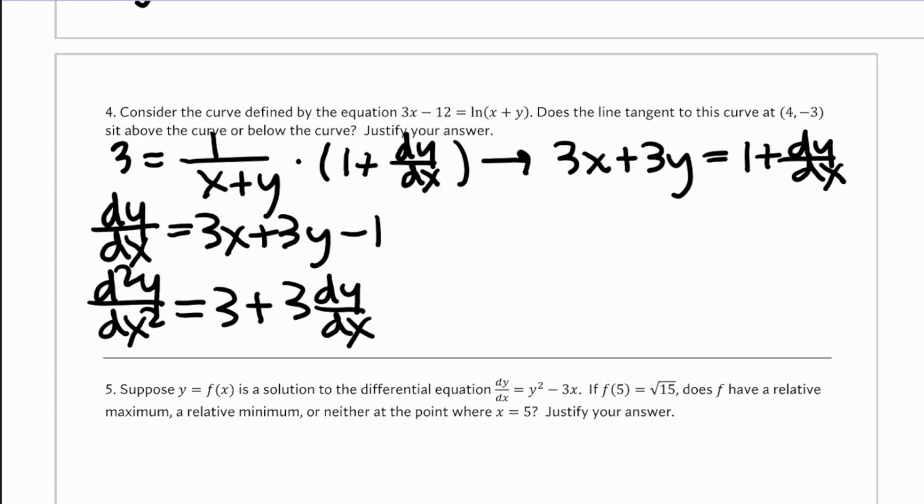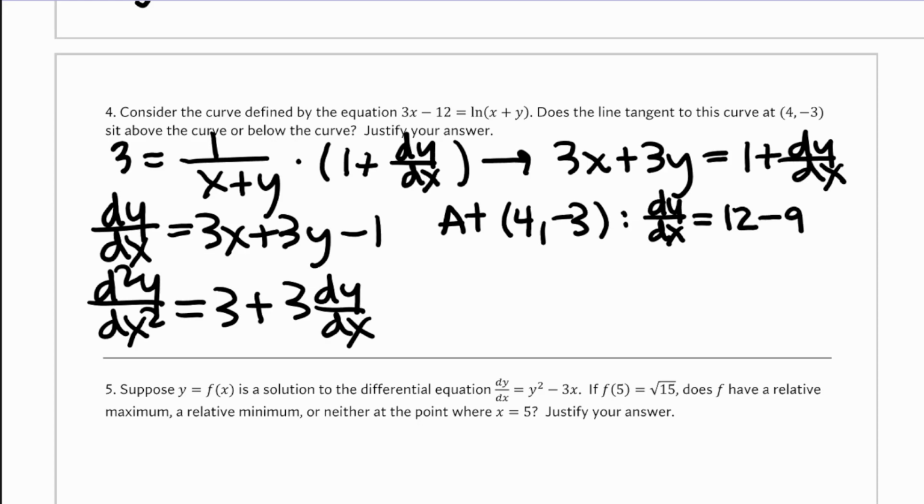Okay, so now I'm going to plug in the point (4, -3) and try to figure out what the sign of the second derivative is. dy/dx is going to be 3x plus 3y minus 1.